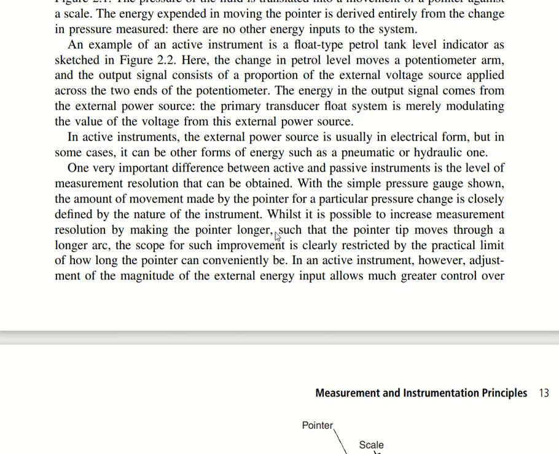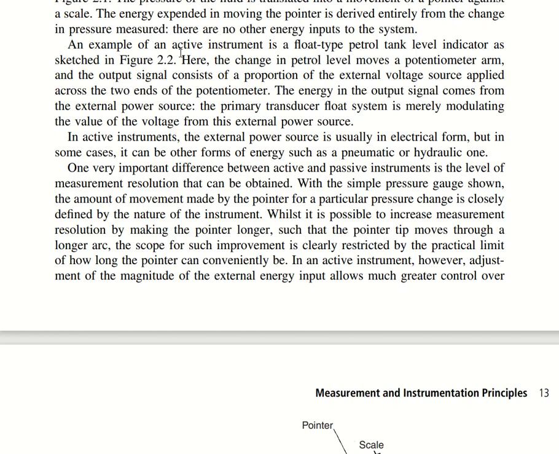Here the change in petrol level moves a potentiometer's arm, and then the output signal consists of a proportion of the external voltage source applied across the two ends of the potentiometer. So the energy in the output signal comes from the external power source, and the primary transducer float system is merely modulating the value of the voltage from its external power source. That's why it is included as an active instrument.